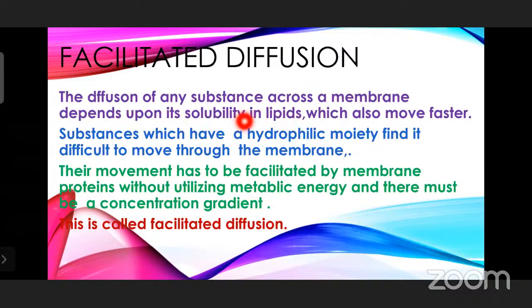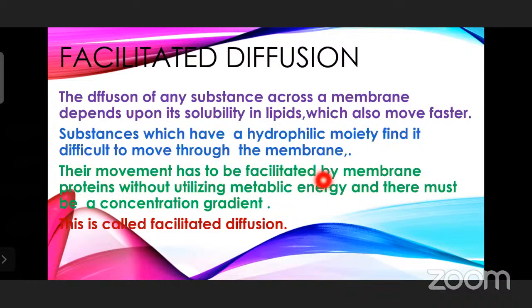But hydrogen protons are not going to move that way. They require protein carriers. They are not soluble in the lipids, so they won't move through the lipids. They require proteins. Substances which have a hydrophilic moiety find it difficult to move through the membrane.